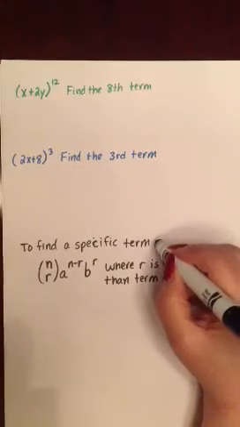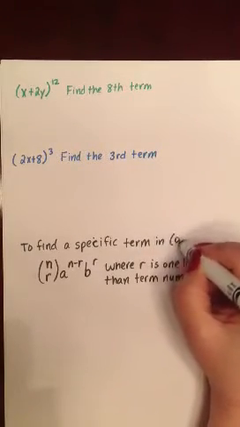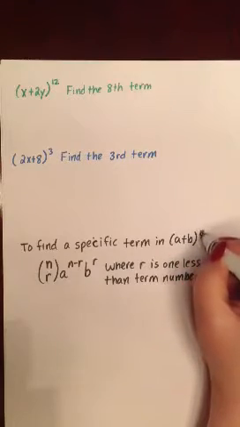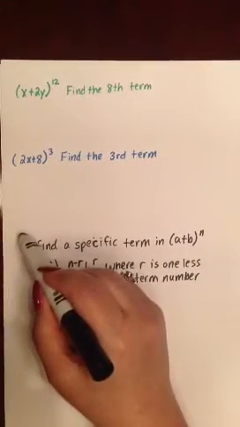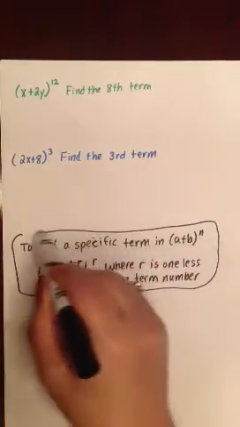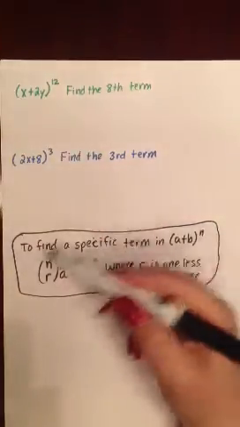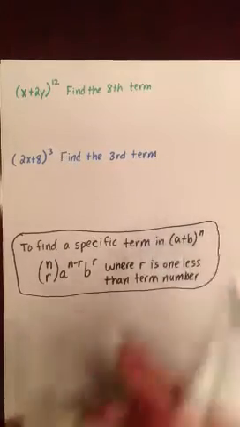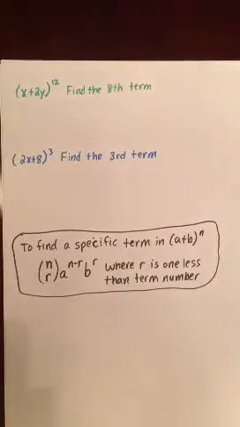To find a specific term in (a + b)^n, in the expansion of a plus b raised to the n power. So this right here, dear students, is our formula that allows us to do this really easily and not having to do the entire expansion. Okay, so there's my formula.